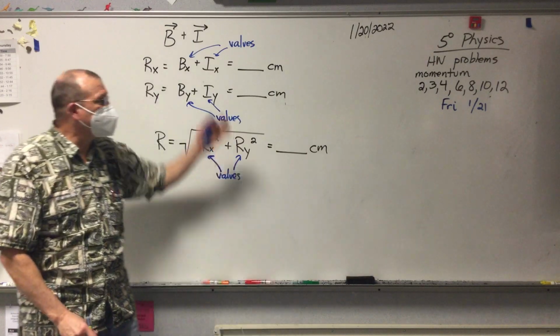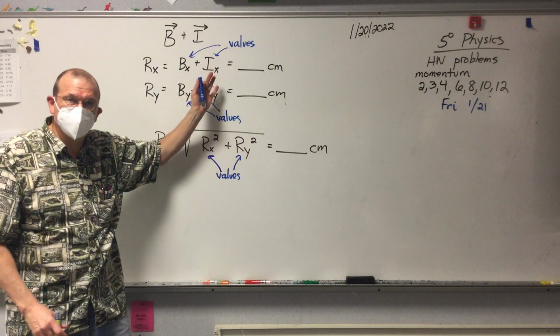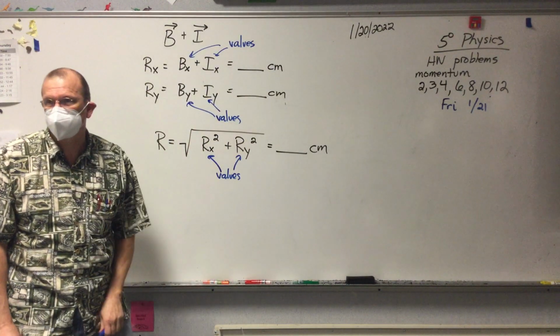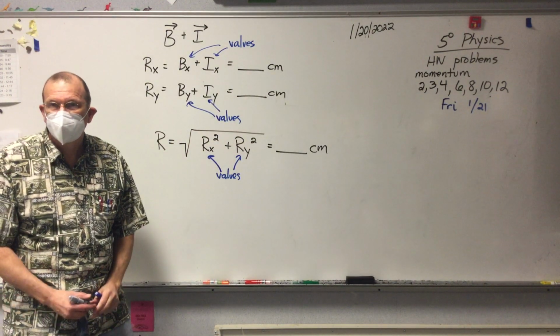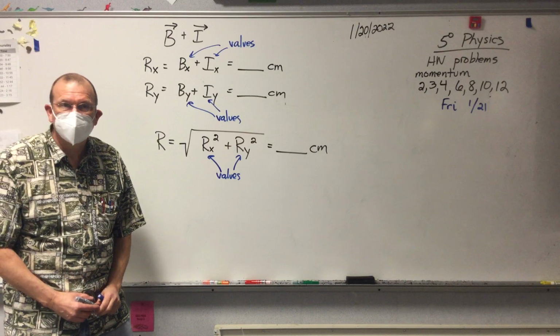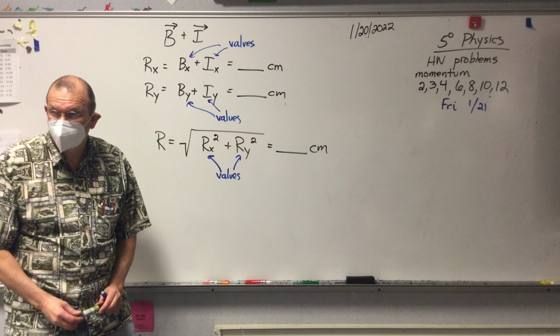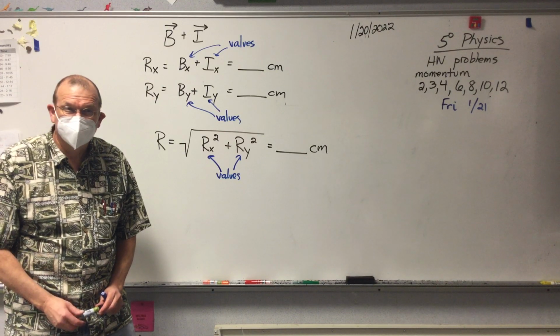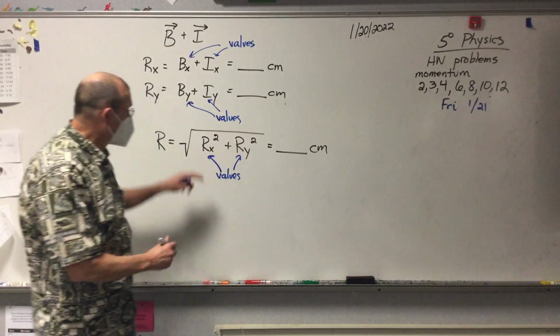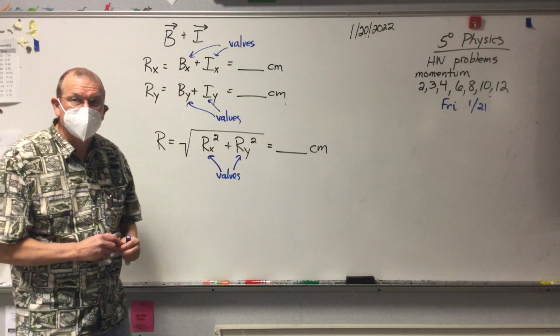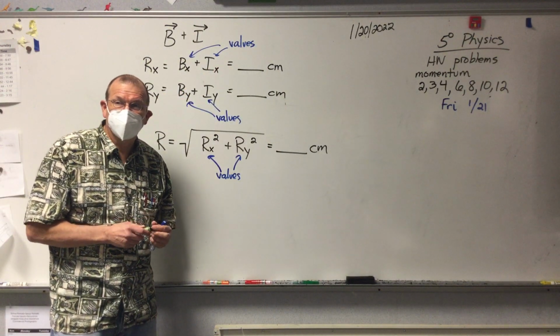What do you have to figure out from some of this work that you've done here so that you know how to officially get the right answer for this one? Rx and Ry. Okay, you need Rx and Ry. We already have that. But then what else are you going to have to do? Nick?